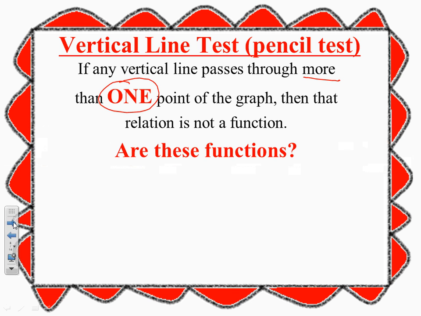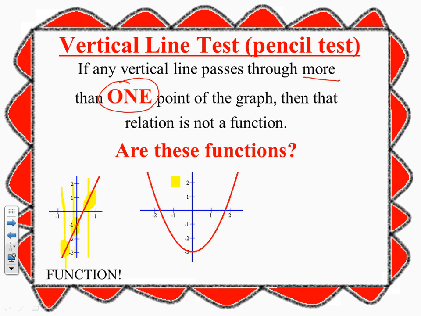Are these functions? Okay, so I like to take my highlighter and start making lines, vertical lines, all the way down. That's where it touches, that's where it touches, that's where it touches. It only touches the vertical line, my highlighter line, once. So guess what? Yes, it is a function.